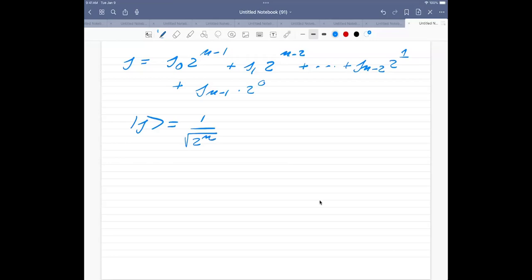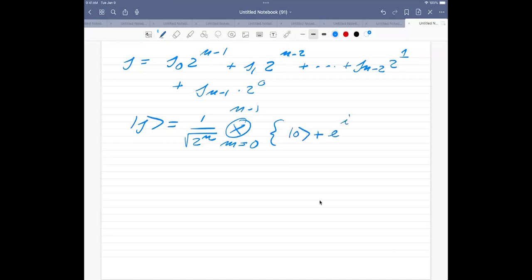And 2 to the power of n is the same as the number of configurations which we have. And this was given by the tensor product from m equals 0. So this is roughly where we ended last week. And then we have a tensor product of this linear combination.